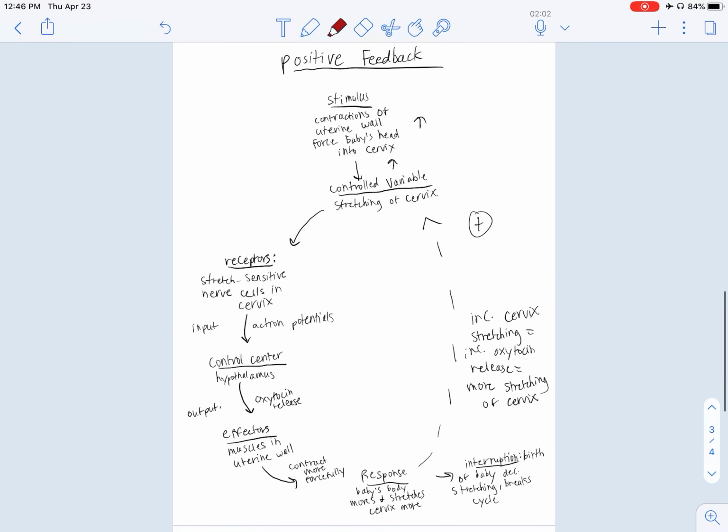And then in comparison, an example of a positive feedback loop, in this case, is childbirth. Our stimulus here is contractions of the uterine wall, and that causes the baby's head to move forward into the cervix. With increasing contractions, we have stretching of the cervix, and that's acting as our controlled variable in this case.